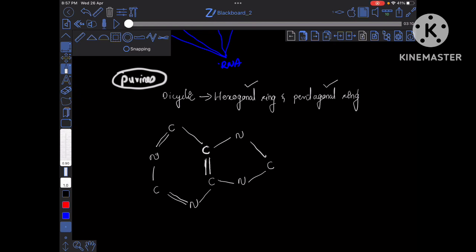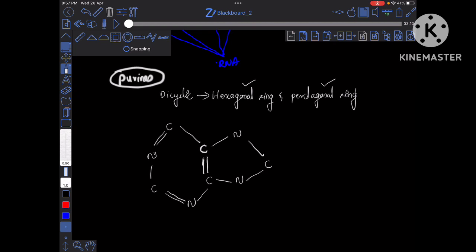Then fill the gap. And in the pentagonal ring, there is always a double bond between the topmost nitrogen and carbon. In the pentagonal ring, the double bond exists only in this position.